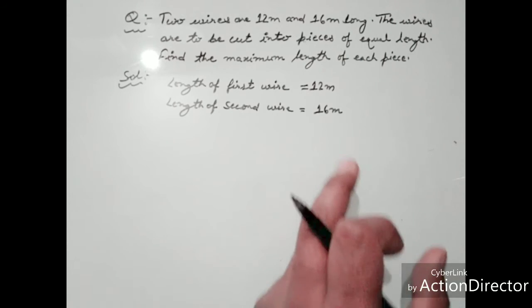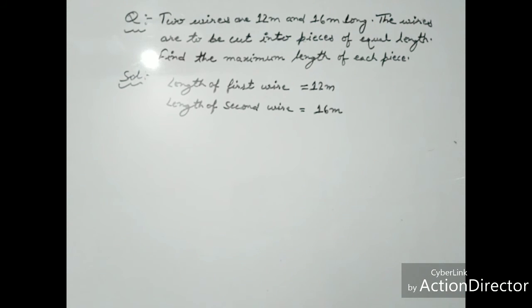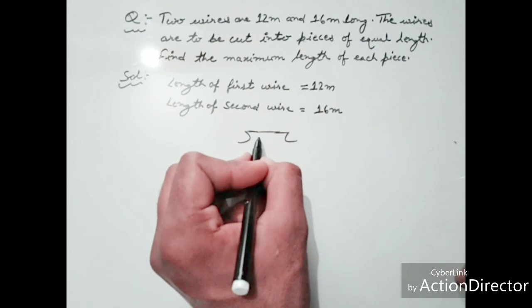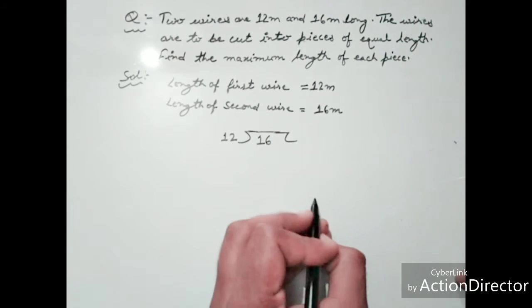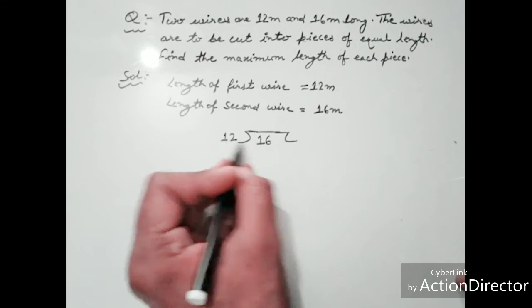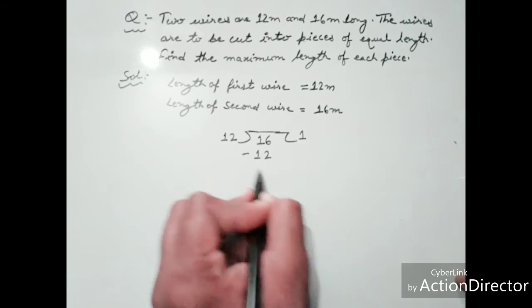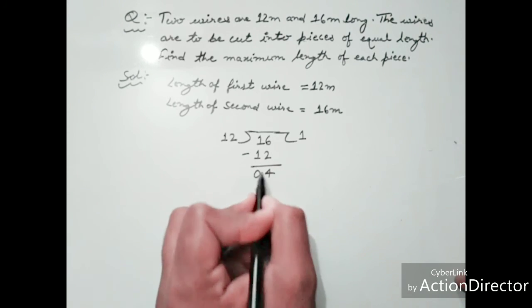We find the HCF of these both measurements, 12 meter and 16 meter, by using the division method. Divide the large number by the small number. So 12 divides 16 one time, 12 ones are 12 and 16 minus 12 is 4, we write 0 here.